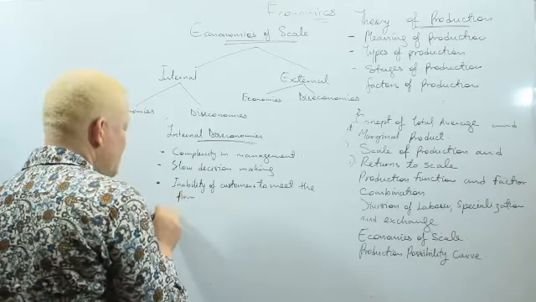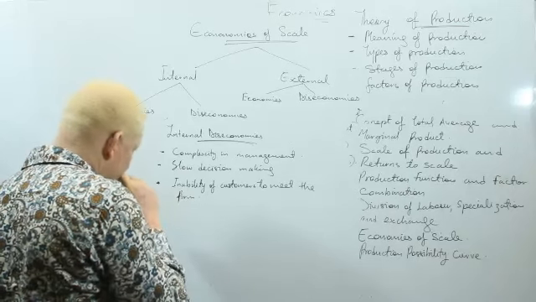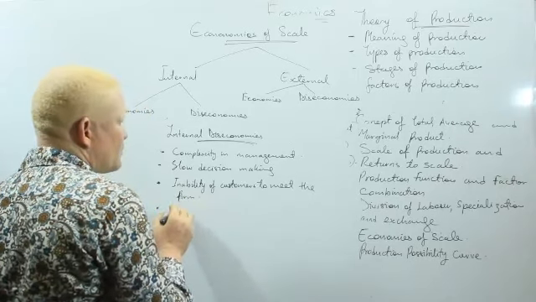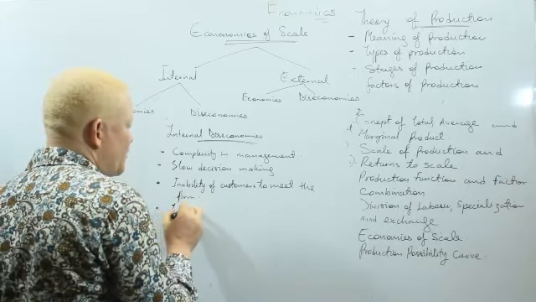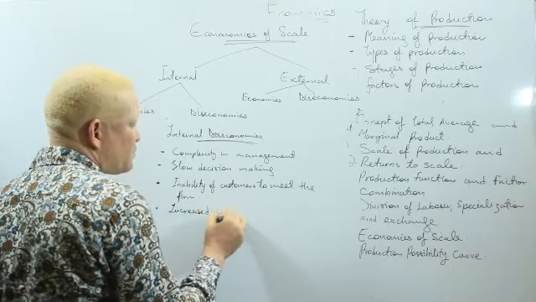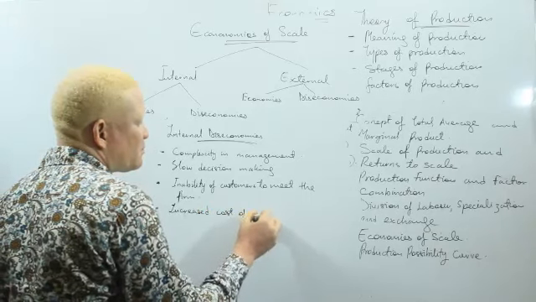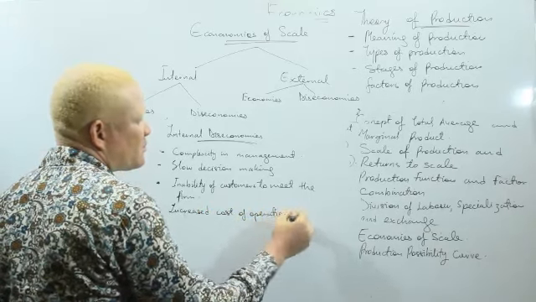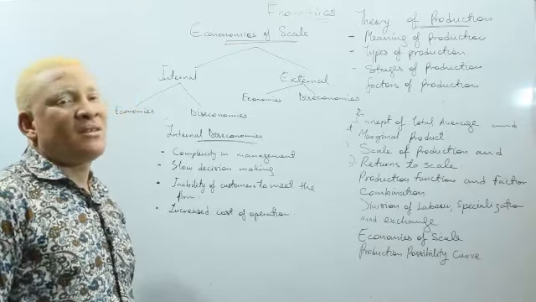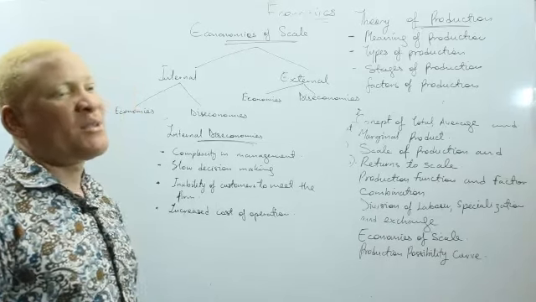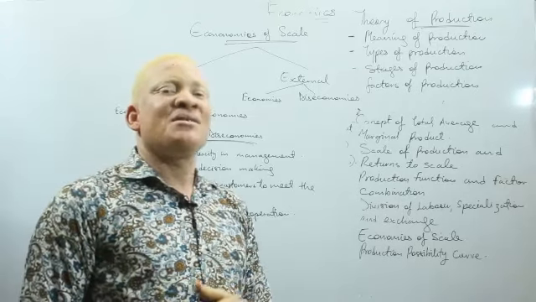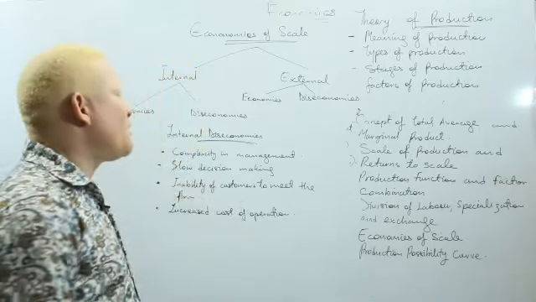Then, increased cost of operation, or cost of production. These will serve as what? Internal diseconomies, because these are what the firm faces because it is increasing its volume or scale of production.